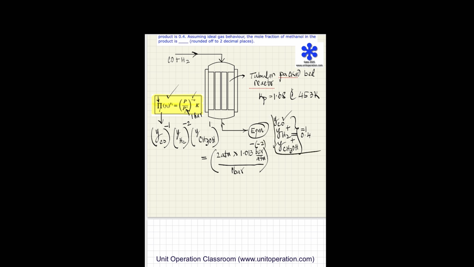And then you have K, which is 1.68. So this is easy.